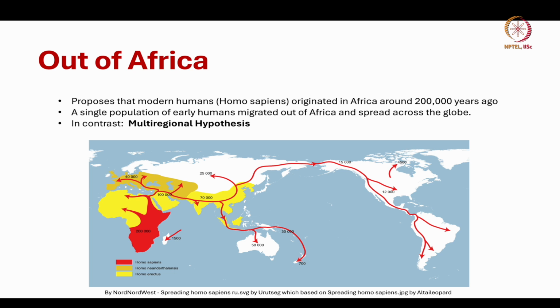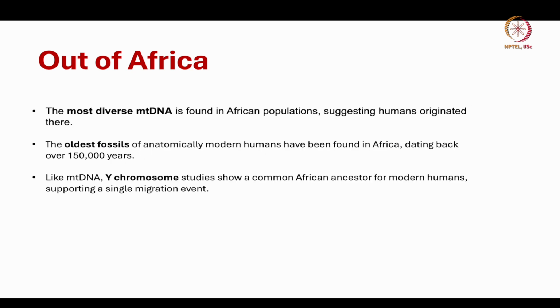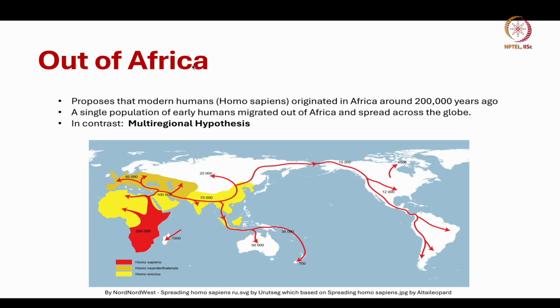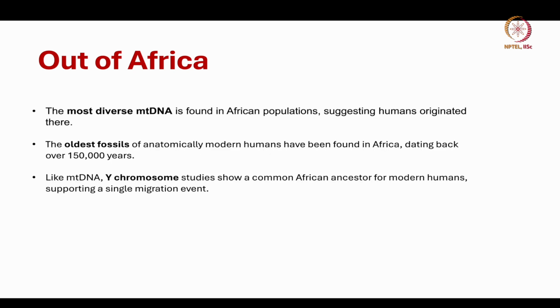This hypothesis is challenged by another hypothesis, the multi-regional hypothesis. But in recent times, with multiple studies coming along, there is much more evidence for the out of Africa hypothesis than for the multi-regional hypothesis. So what are the evidences that scientists put forward to support it?